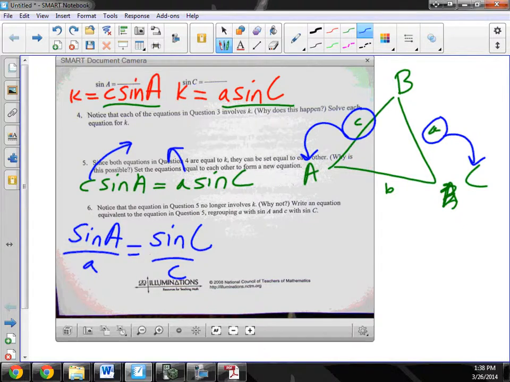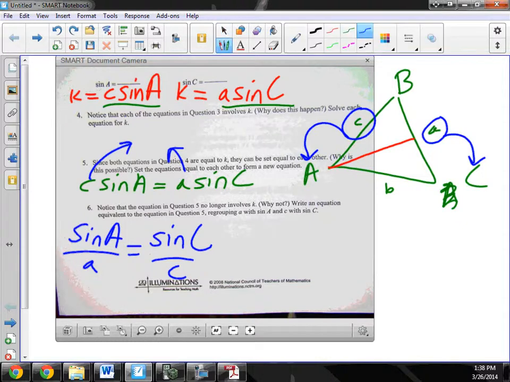which, if we did this whole process again, if I were to start with the triangle and instead of drawing the altitude through capital B, I drew the altitude through here, then I would find out that sine of C over little c is exactly the same thing as sine of capital B over little b.